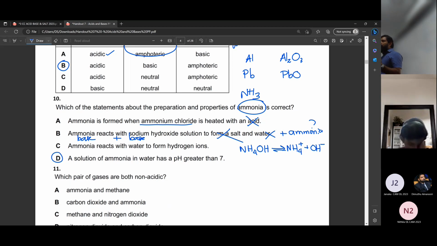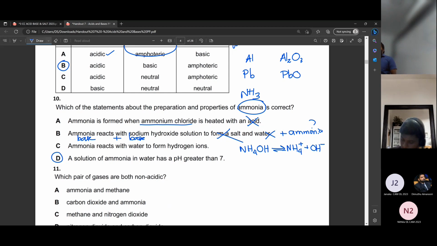Therefore, there's a high possibility that you get stuck in one of these statements and kill your time. Once all three statements have been read and time wasted, only then you find the fourth one is very clear and correct, because ammonia is a base, pH is greater than 7. Now you mark it. Your answer is correct, but you have already killed 5 minutes for this. That's disastrous for your exam.